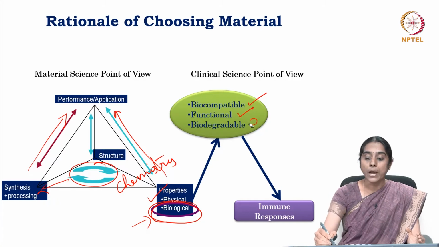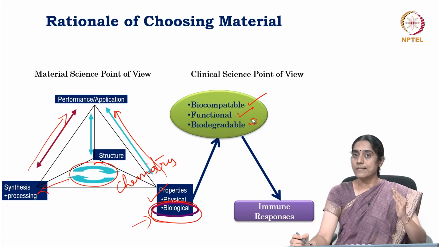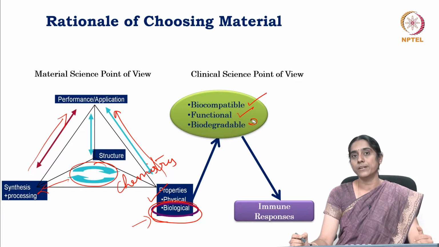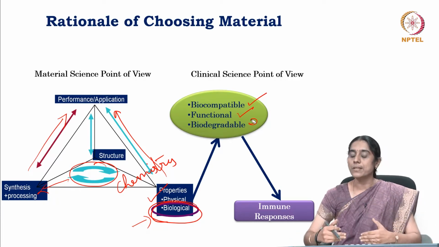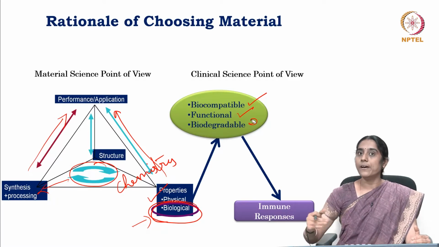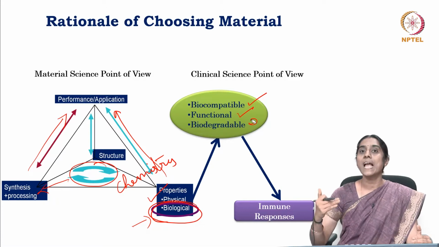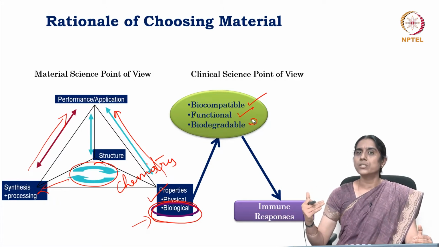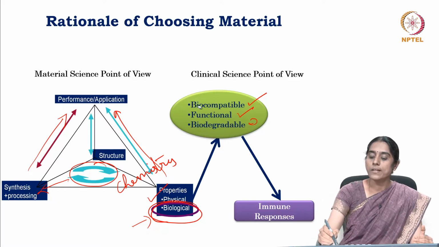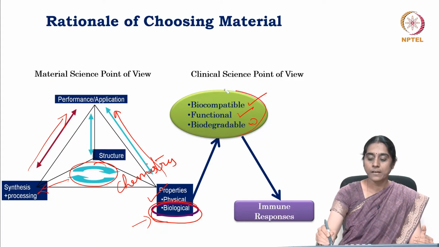It should be biodegradable also. After it has done its desired function, say for example regeneration of a particular tissue, it has to be either resorbed in the body or degraded and then removed from the body safely, without causing any adverse reaction, or at least with minimal adverse reaction. This is the clinical point of view.